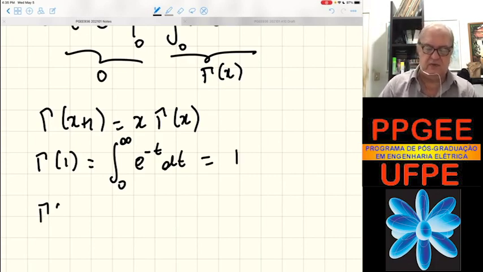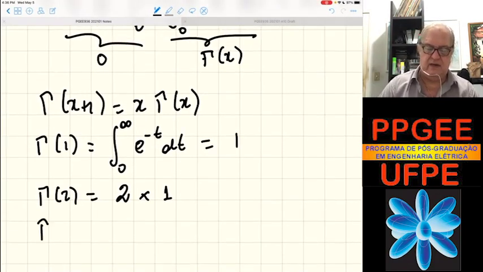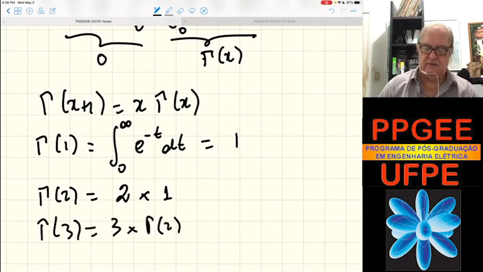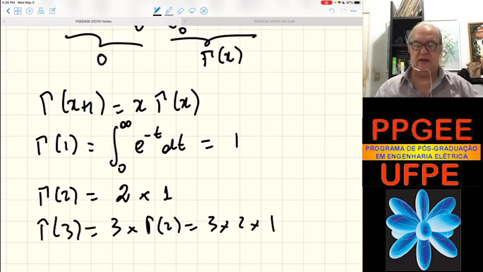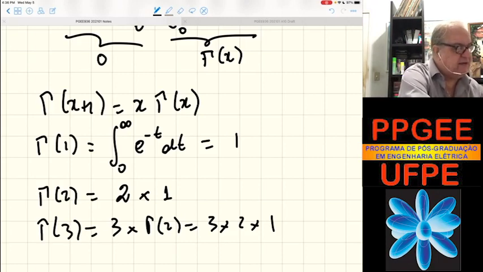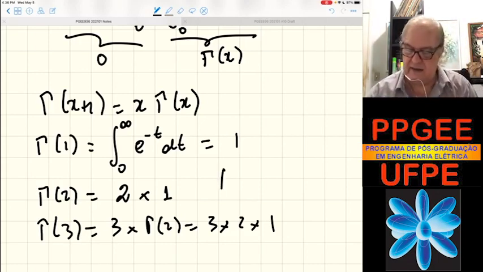So gamma 2 equals 2 times 1, right? Gamma 3 equals 3 times gamma 2, which equals 3 times 2 times 1, and so on, okay? If you go to Jack Afkin, there's an entire chapter devoted to the gamma factorial function in chapter 10 of Afkin, okay?